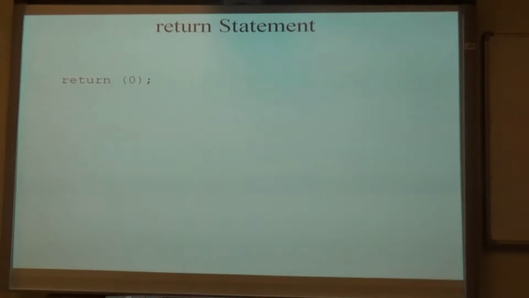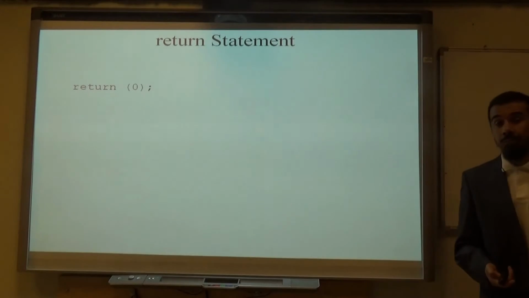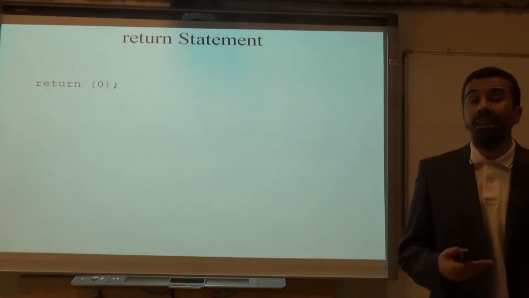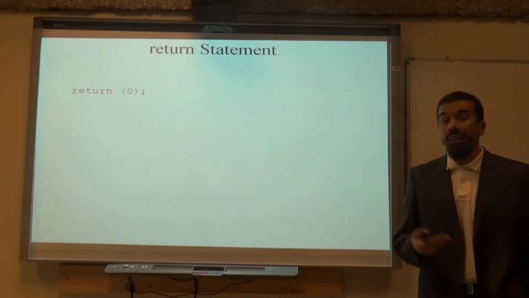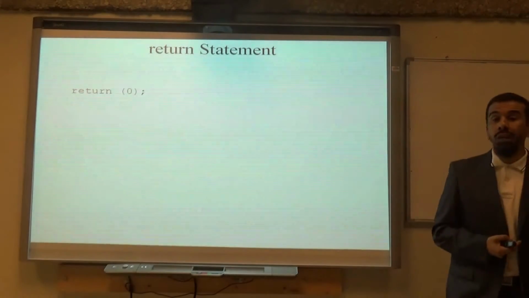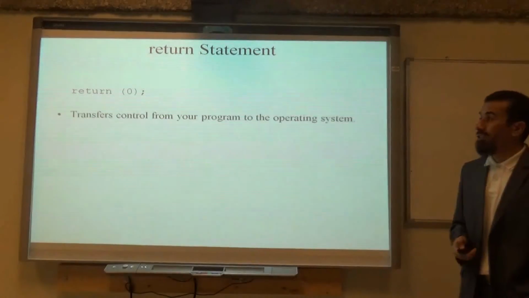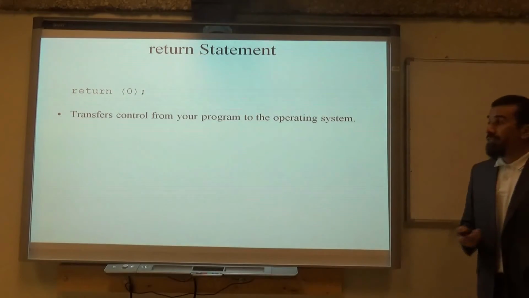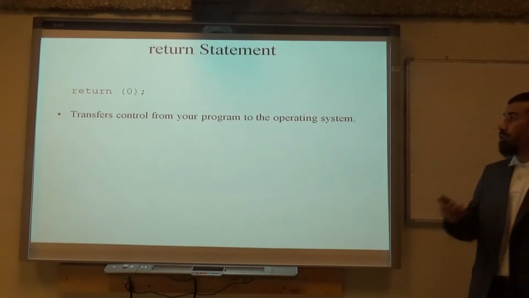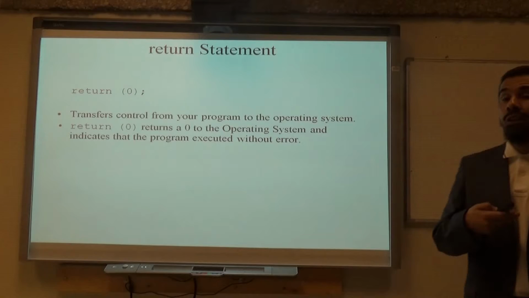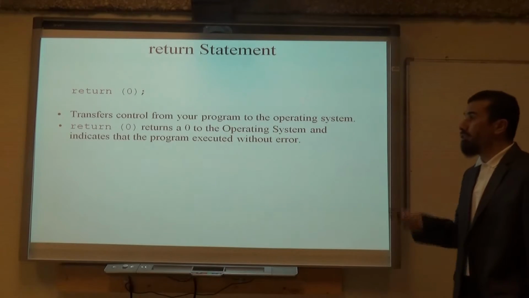Finally, the return statement. A return statement, as mentioned before, indicates the end of the function, the end of the main, and moving from a block of code, as we will see when we talk about repetition and selection structures. So we are basically transferring the control from one piece of code to another. When it comes to the main function, that means you are returning the control from your main function to the operating system.